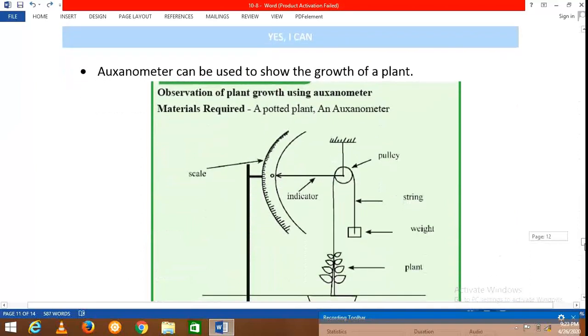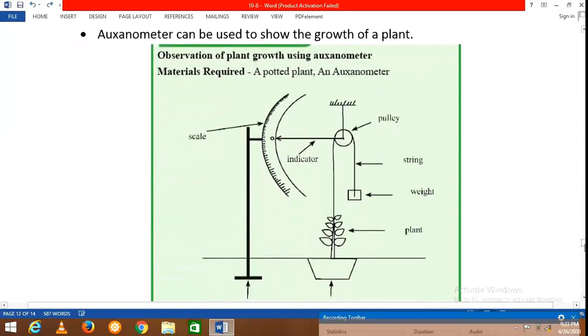Then, this auxanometer is a setup which can be used to show the growth of a plant. Again, this is not practical, but you have to learn about this setup as a setup used to observe the growth of a plant.